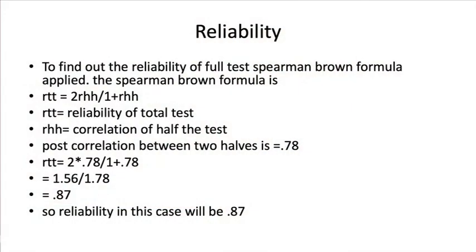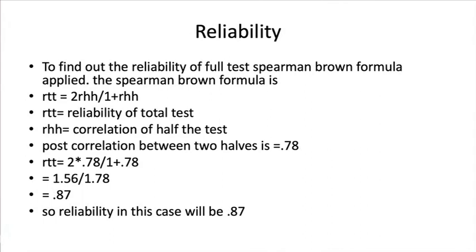Clear? One is fixed. Now, suppose we calculate the correlation between two halves and it is 0.78. That is RHH. Now, what will be the reliability of the test?